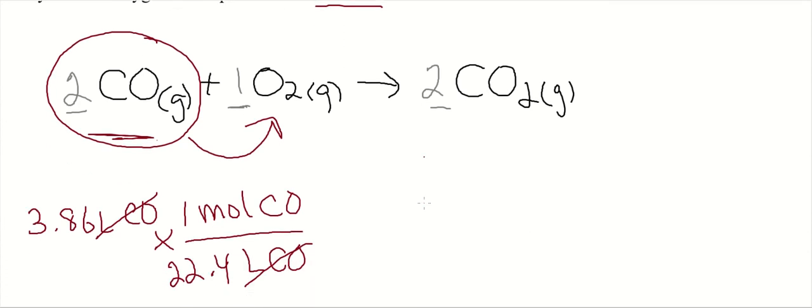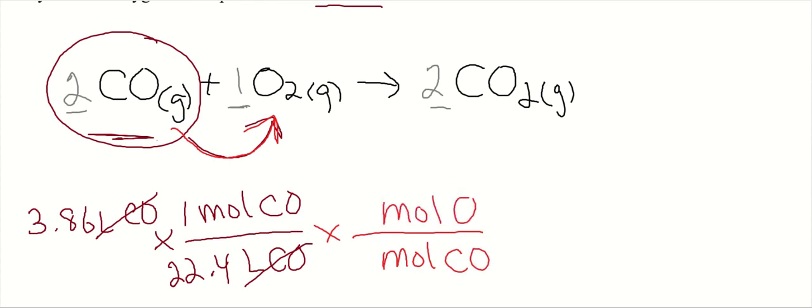So now step 2, this is where we're going to use our mole ratio to convert the substance to the desired substance. We're going to get rid of moles of carbon monoxide, and we want to end up with moles of the desired substance, which is oxygen. These coefficients can represent a lot of things, but in stoichiometry they most often represent moles.